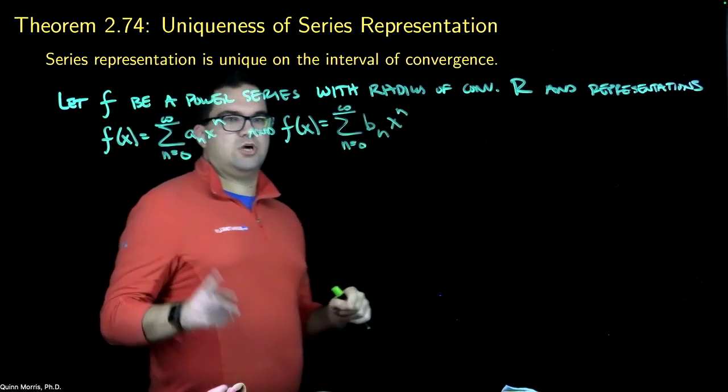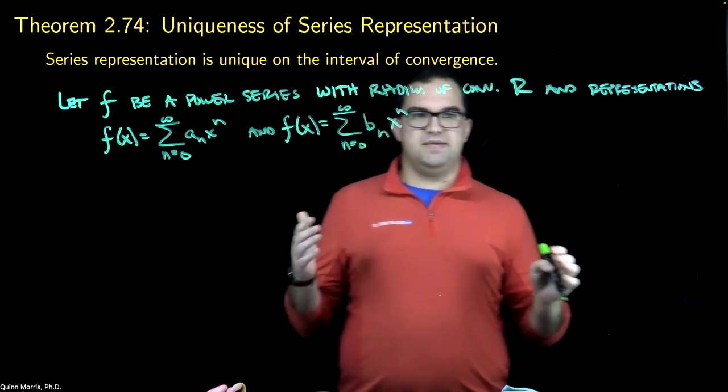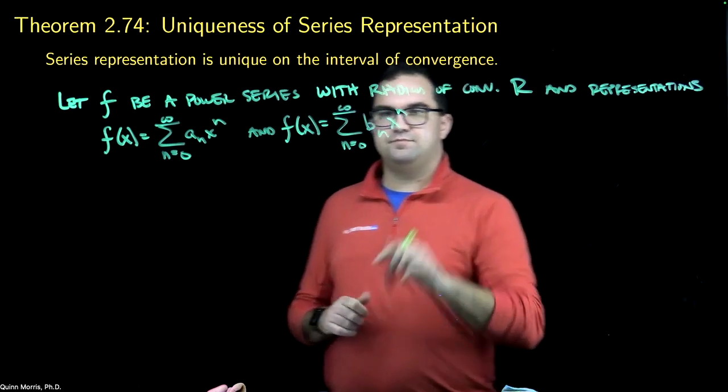Okay. And so what I want to show is the only way this can happen is if a sub k is equal to b sub k for every value of k.